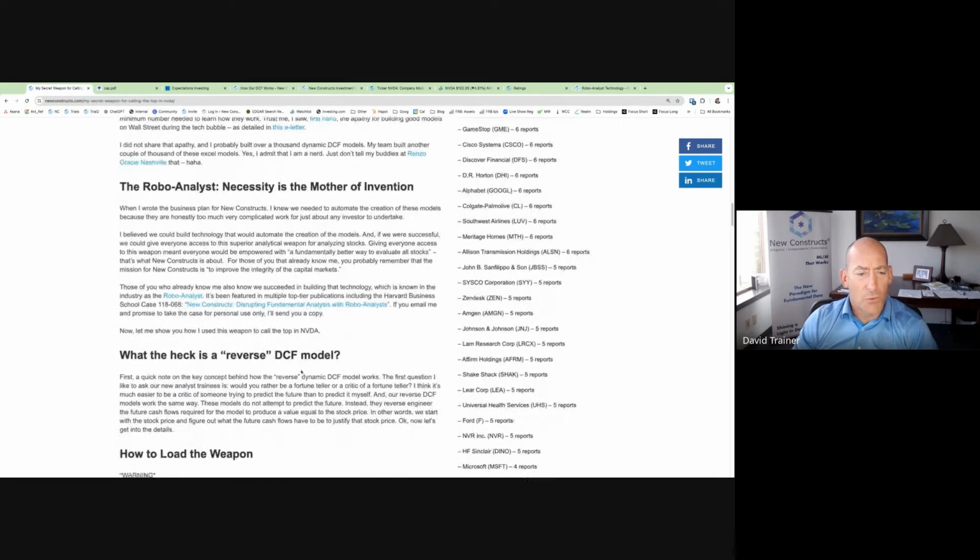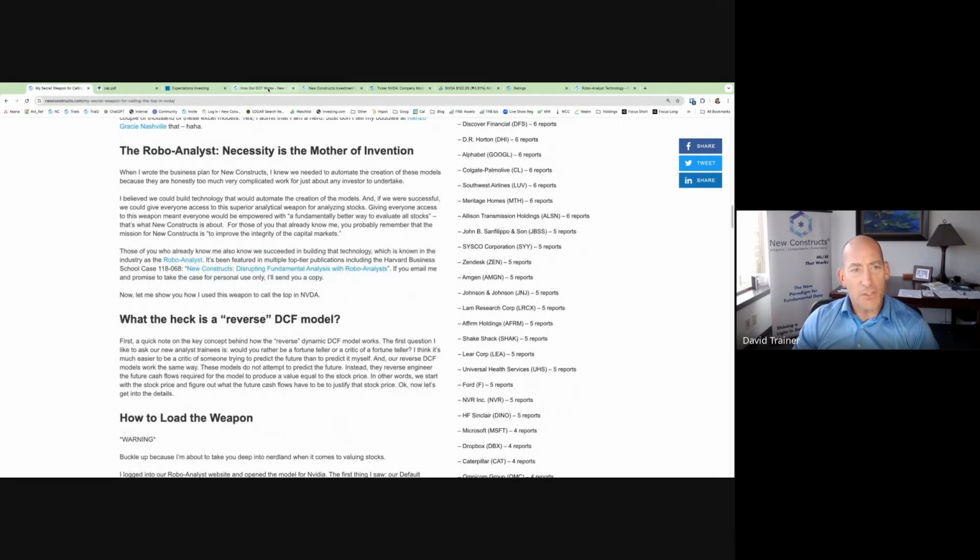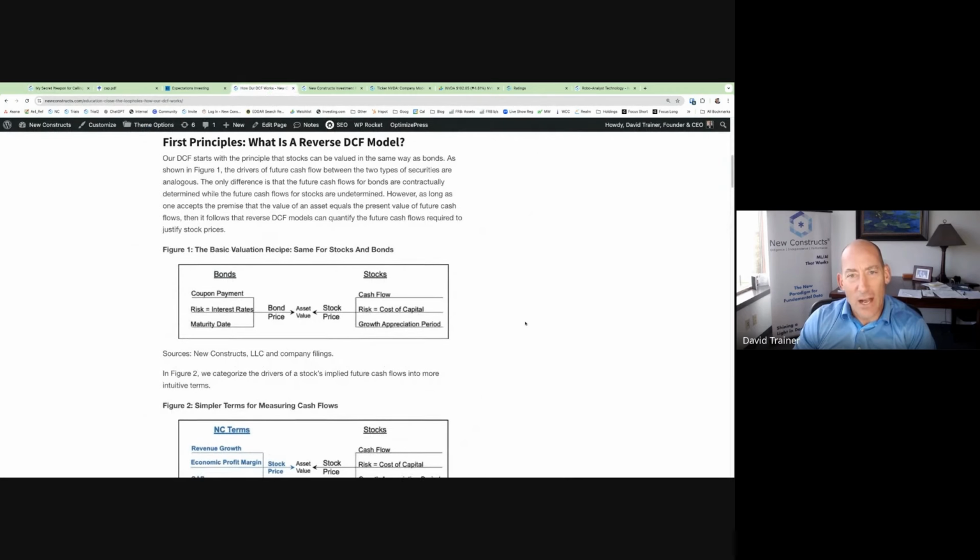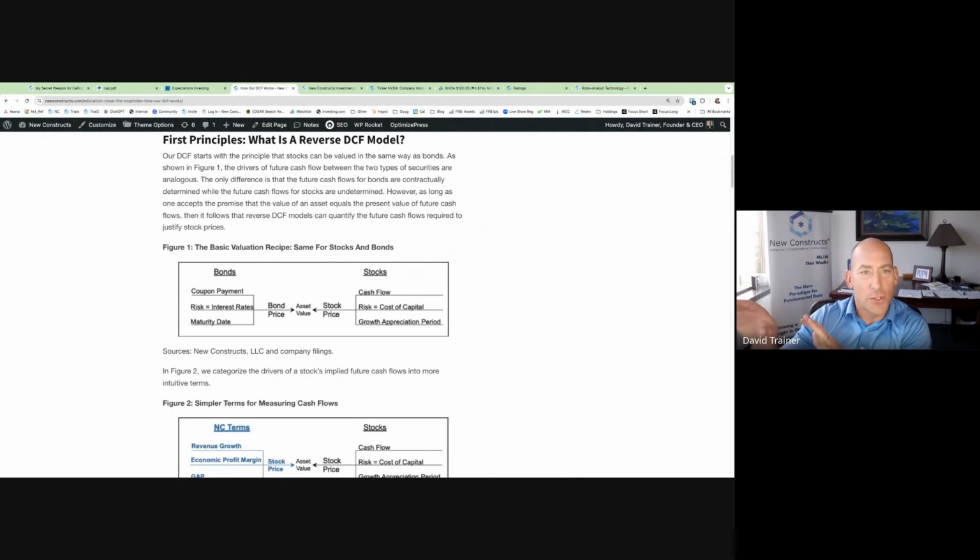So what the heck is a reverse DCF? Well, a reverse DCF says that instead of trying to predict the future, I am going to start with a stock price and reverse engineer what the cash flows have to be to justify the stock price. For example, let's take bonds. We can price a bond exactly, precisely, because we know the cash flows of the coupon payments.